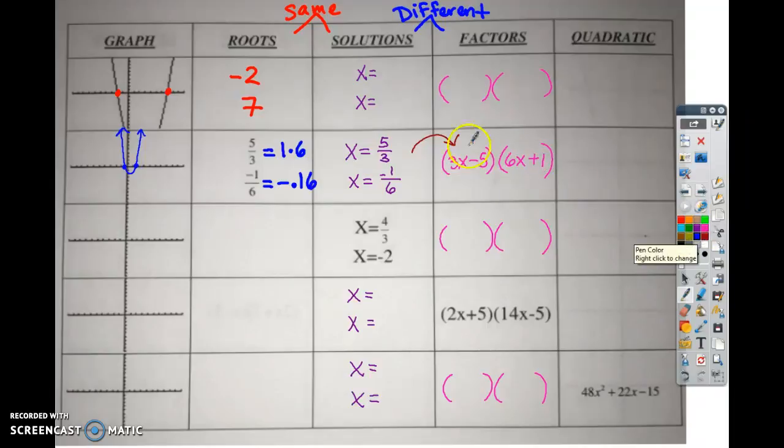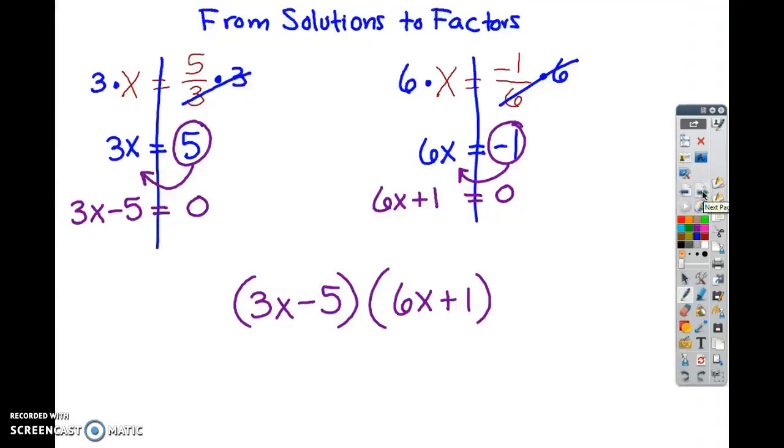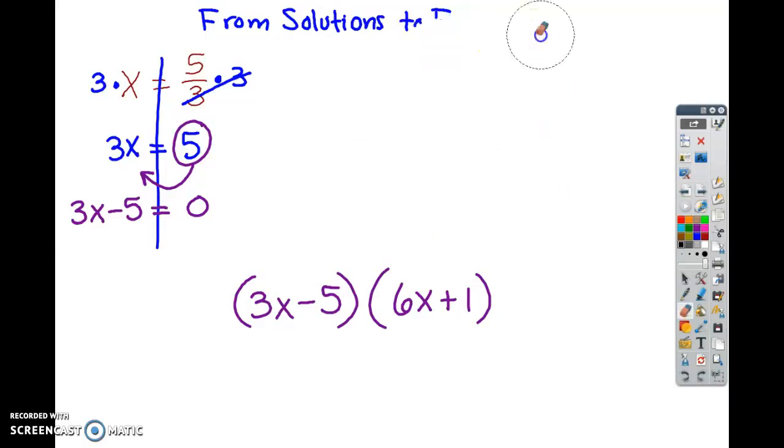And then to go from the factors to the quadratic, you do the box. So let's do the box for this one so that you know how to get to the quadratic. I'm going to erase this top part.